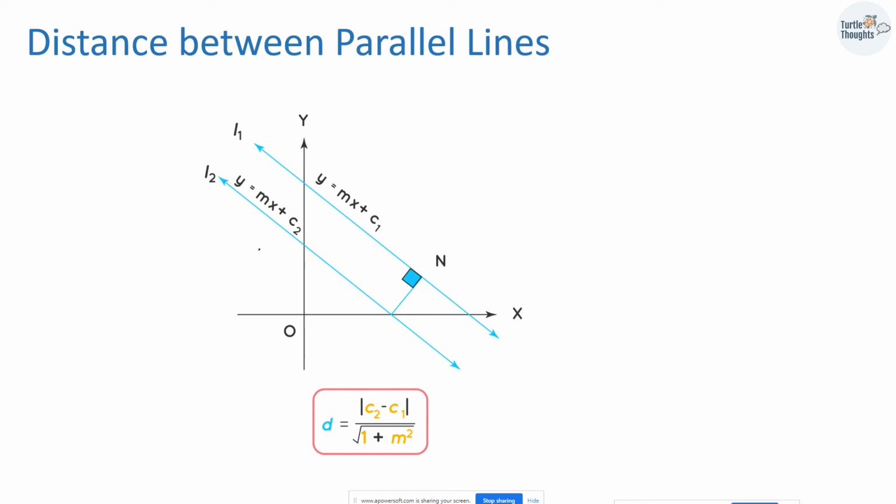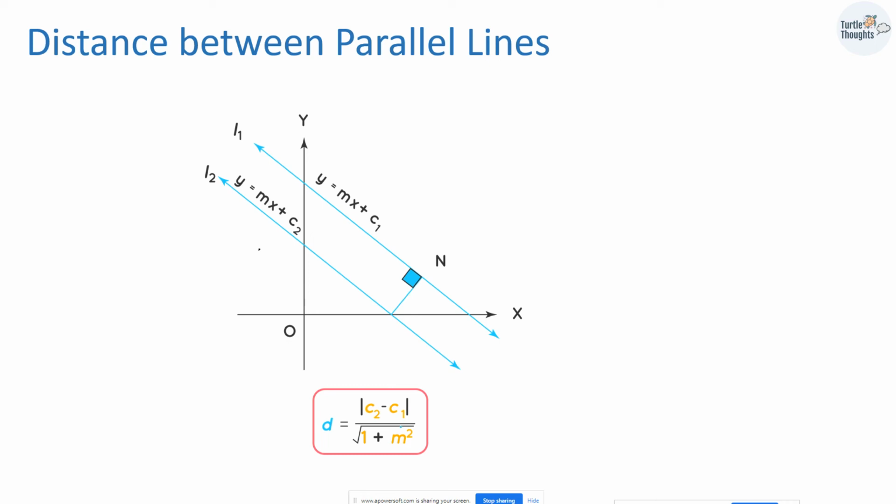Distance between parallel lines. If you have two lines L1 and L2, where the equation of the line L1 is given by y is equal to mx plus c1, and the equation of the line L2 is given by y is equal to mx plus c2, the distance between the lines is given by d, which is equal to the modulus of c2 minus c1 divided by root of 1 plus m square, where m is the slope of the line.